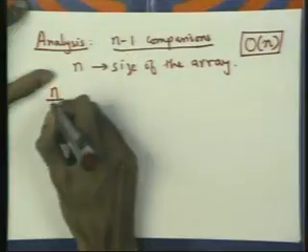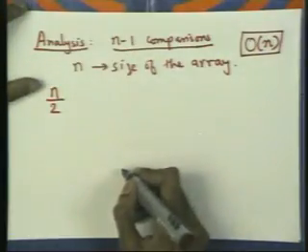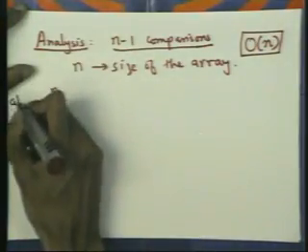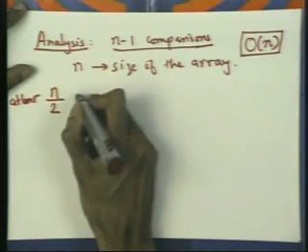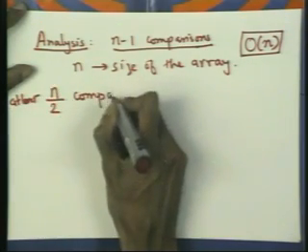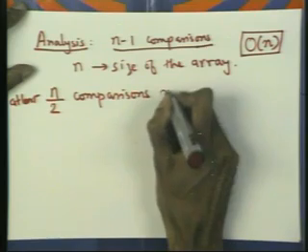So if you do not compare an element, then you cannot tell the minimum element in an array. Now this doesn't give you n minus 1, it gives you n by 2. Assuming n is even, at least n by 2 comparisons are needed.